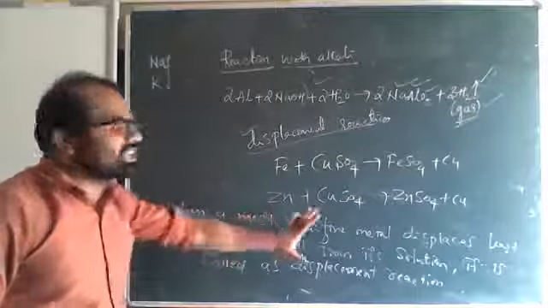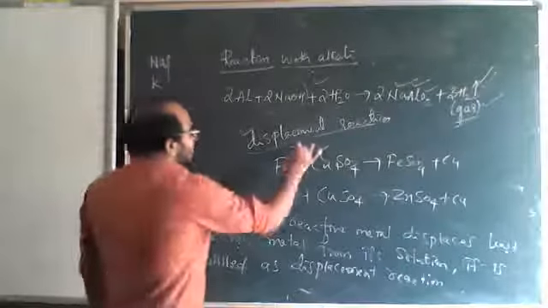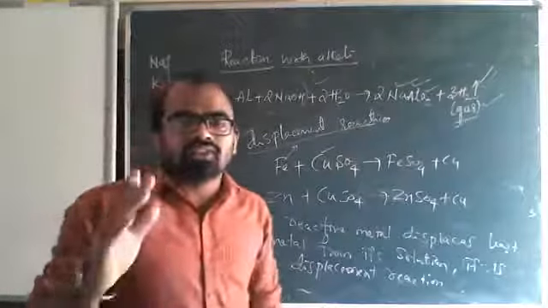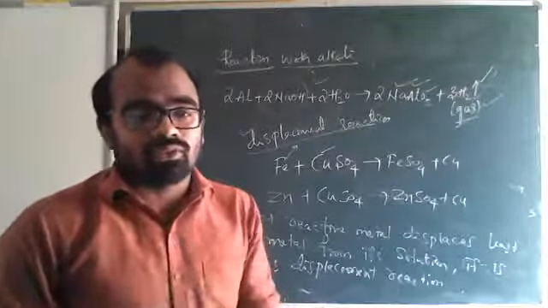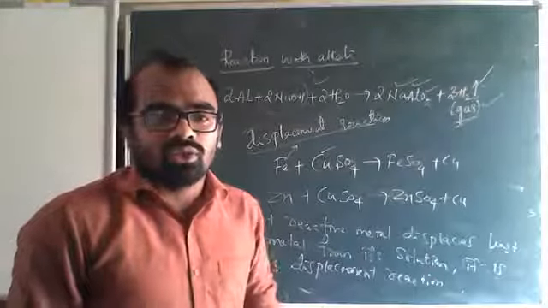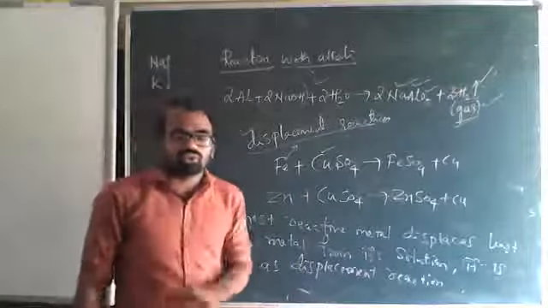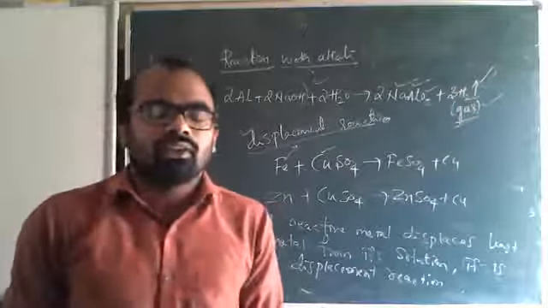When a more reactive metal, we have seen in the reactive series, Fe is more reactive compared to Cu. So Fe has the higher reactivity. Please check out the reactivity series. You have to note down that reactivity series. Earlier videos it is there, I think in the third or fourth video. So please check that reactivity series.